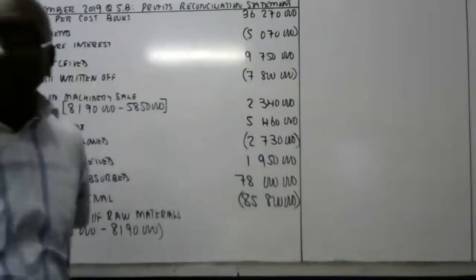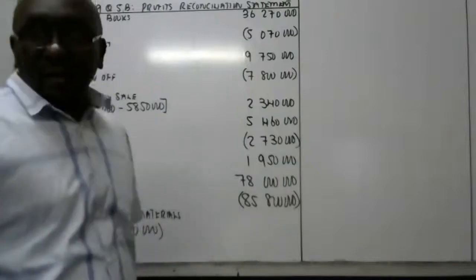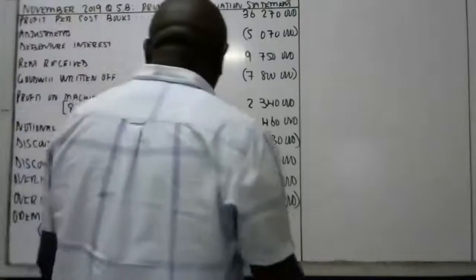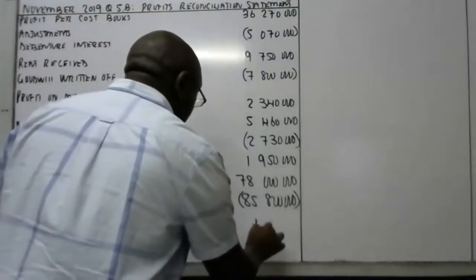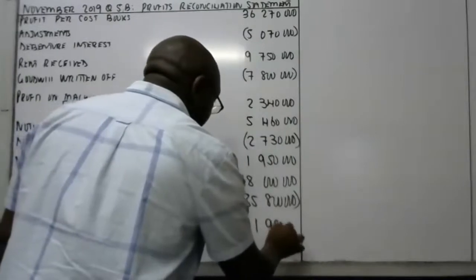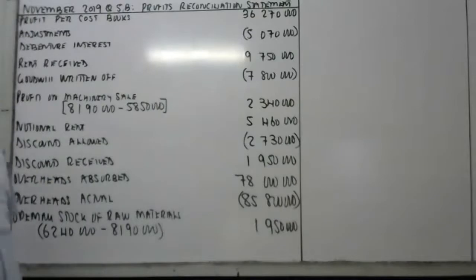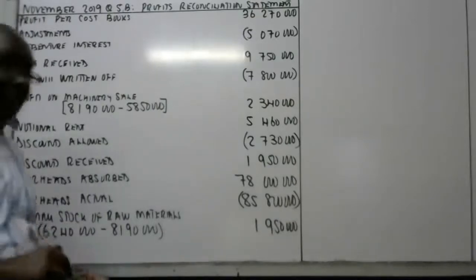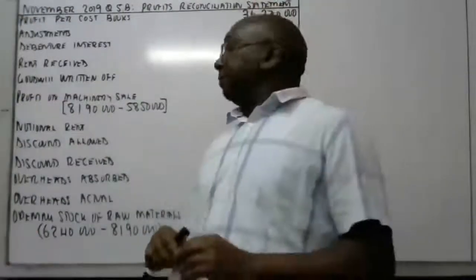Is it 1950 or 1960? 1950. 1,950,000. Now, what you can see here is that the cost people had overstated.